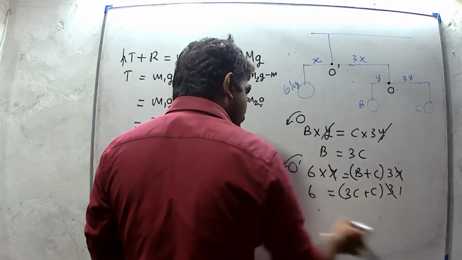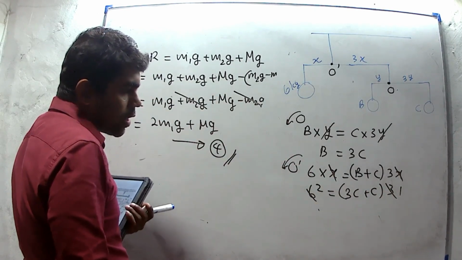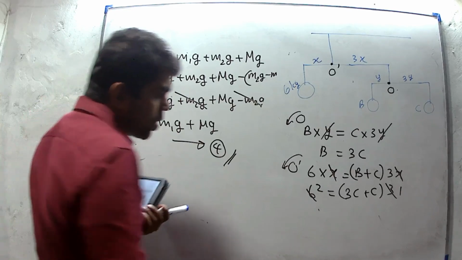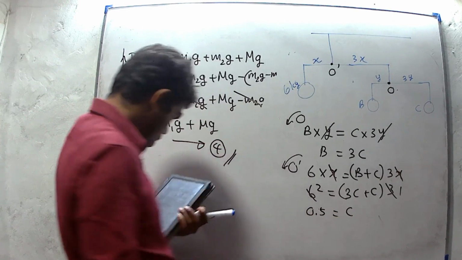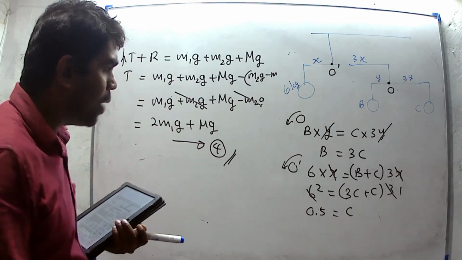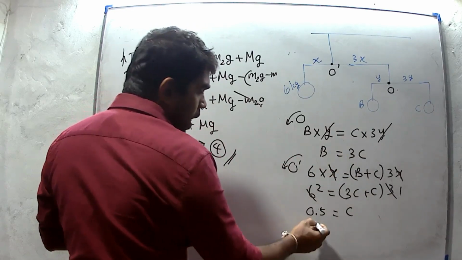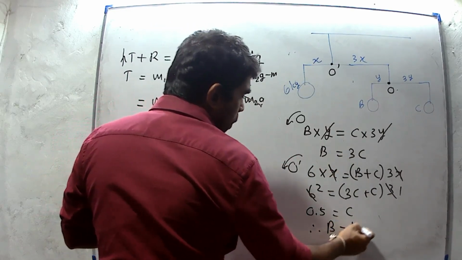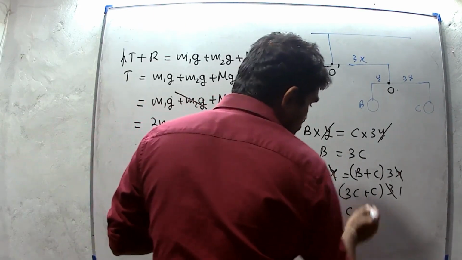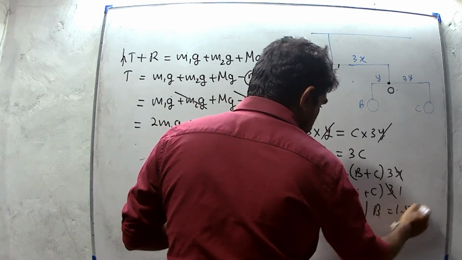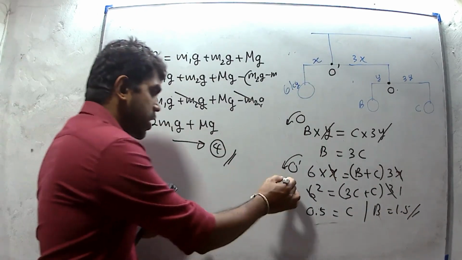C plus 3C is 4C equals 2. C equals 2 divided by 4, which means 0.5. Mass of C is 0.5 and we know that B is 3 times C. Therefore B is 1.5 kilograms. 0.5 and 1.5. Then answer 2 is correct for question number 18.